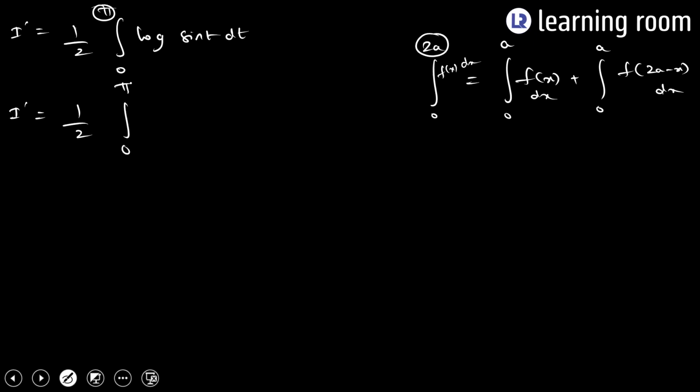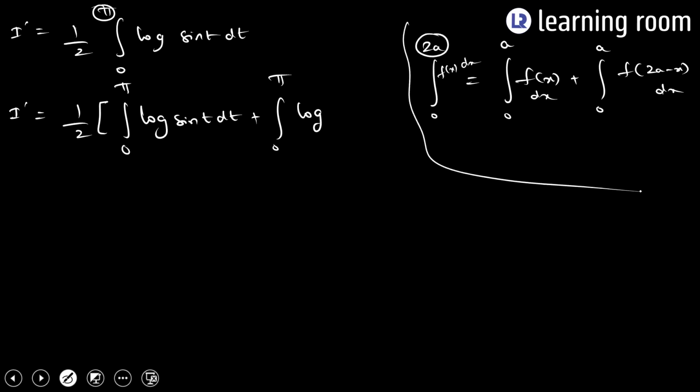What is the property telling? You have integral of 0 to 2a; on the right hand side, you change the limit from 0 to a, which is exactly half of 2a. So 0 to pi log of sin t dt plus integral of 0 to pi log of sin (pi minus t) dt.